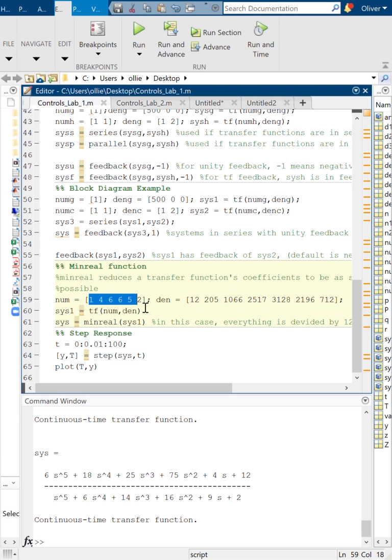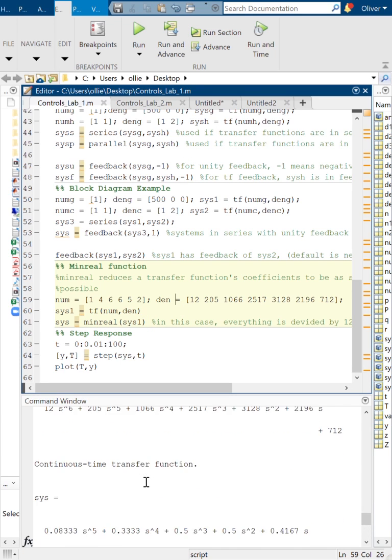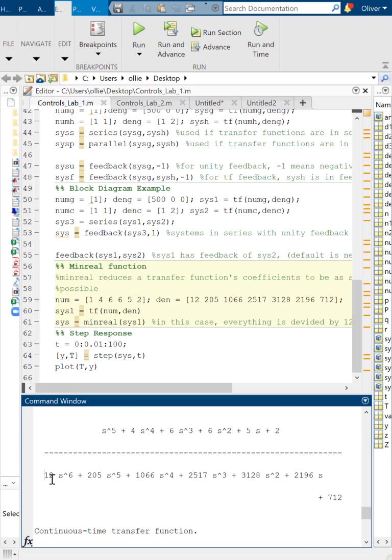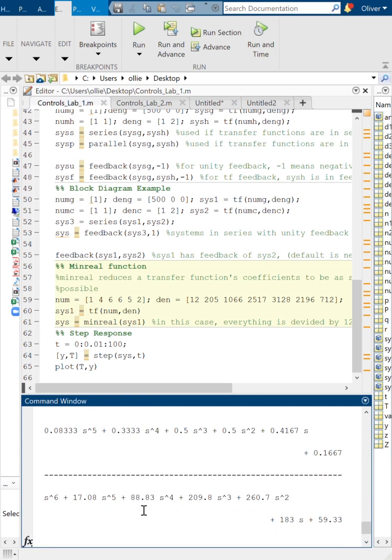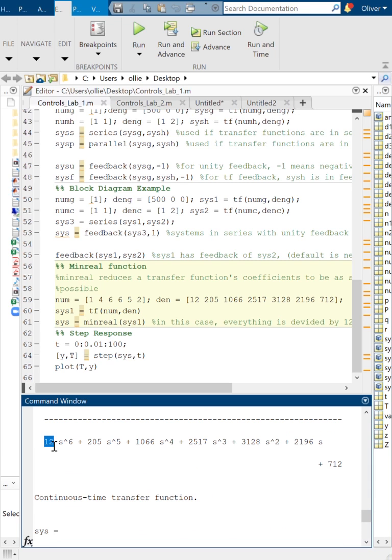And so we use minreal to reduce these coefficients, and that'll produce the following. So here we have the first transfer function, which has large numbers, and then we have our minreal version, which has much reduced numbers. See, the leading coefficient here is 1, and up above it was 12. So divide everything by 12.